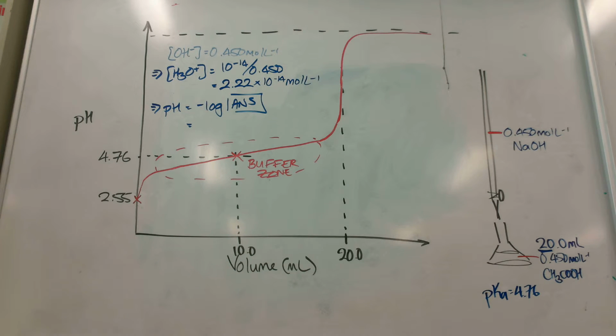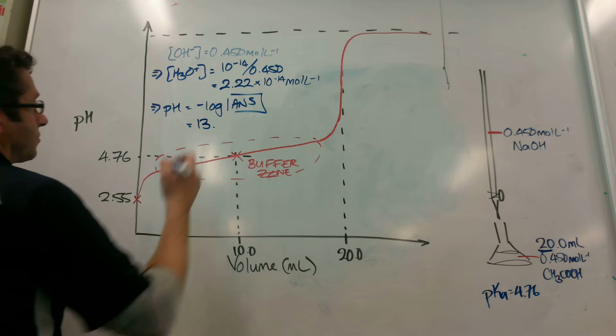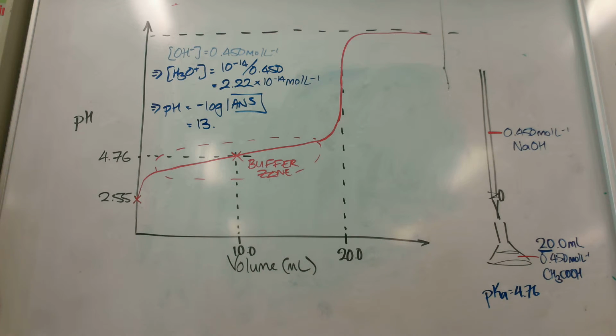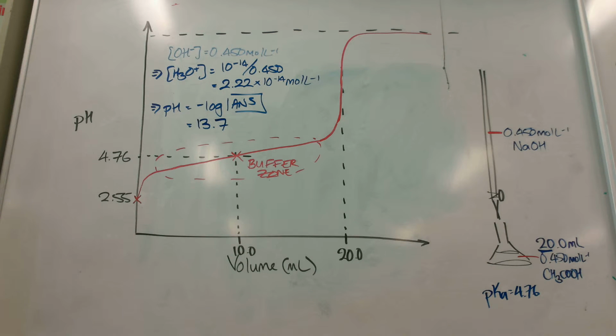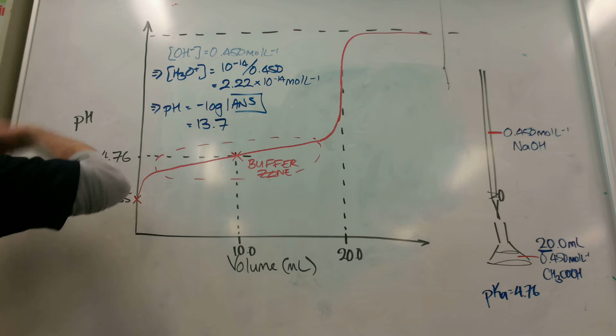Okay, and then when I do the negative log of my answer, 13.7. Okay, 13.7. So I have that theoretical value. It won't ever quite reach that, but it will to that many significant figures.